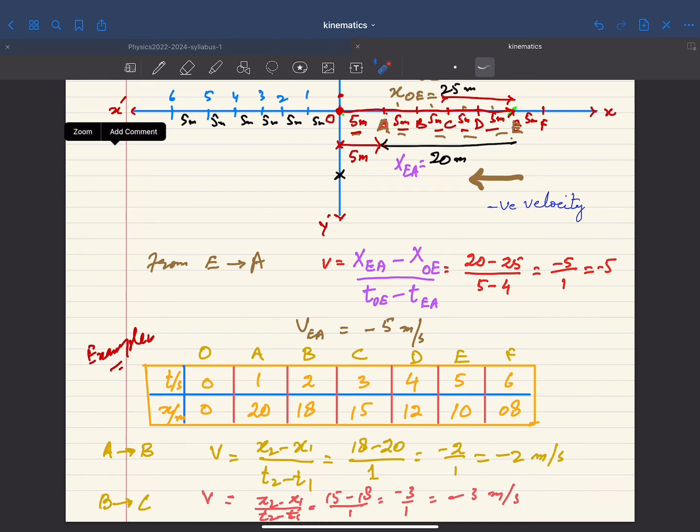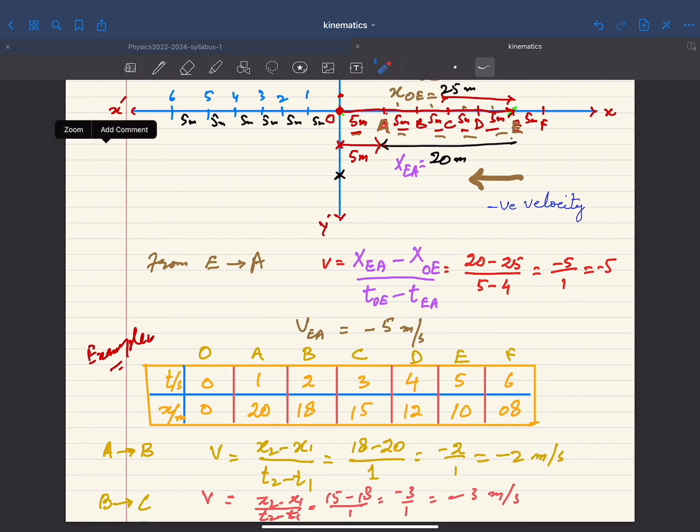So if you are moving from point A to B, suppose the final displacement is 18 and your initial displacement is 20 within a given time. Simply you can say that the negative here is showing you a decrease in velocity. So this is very important.